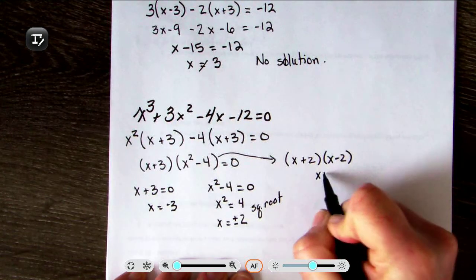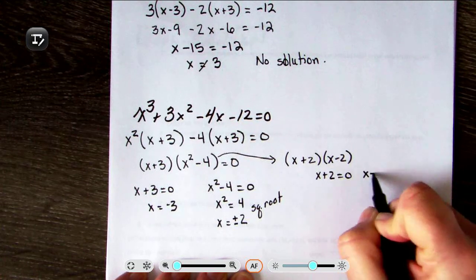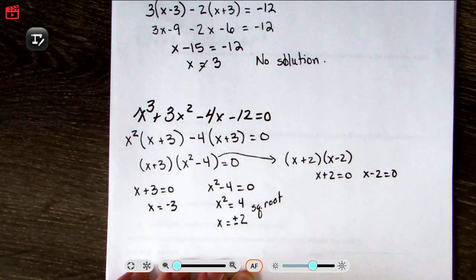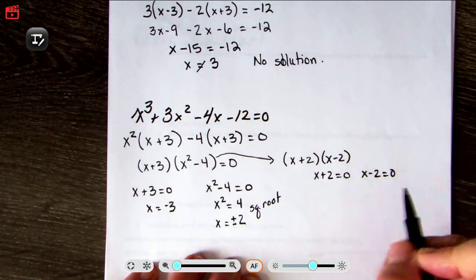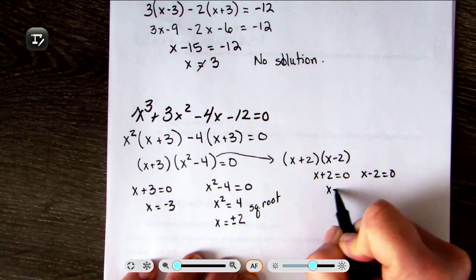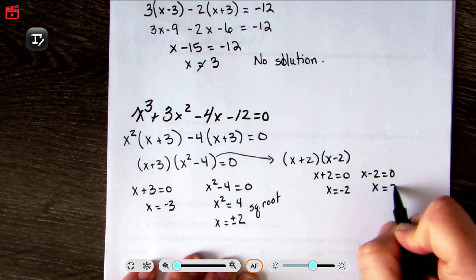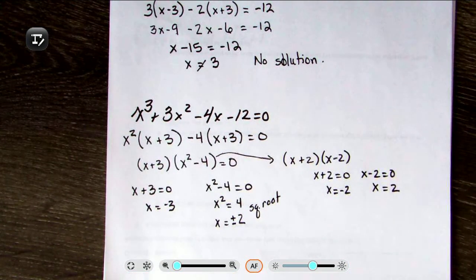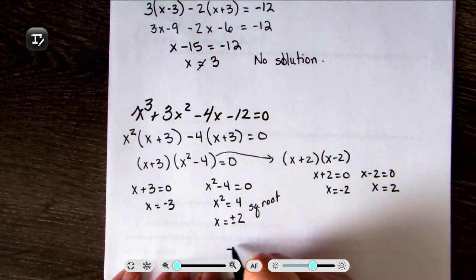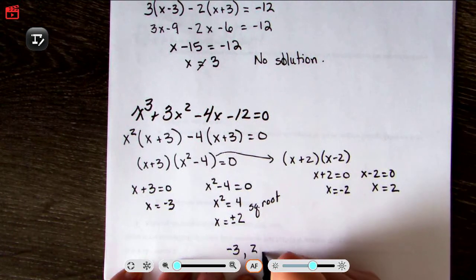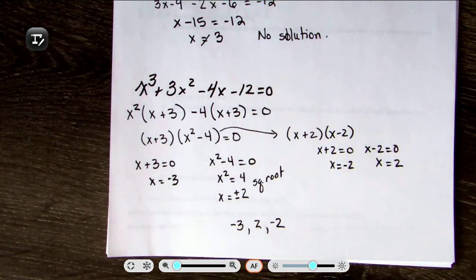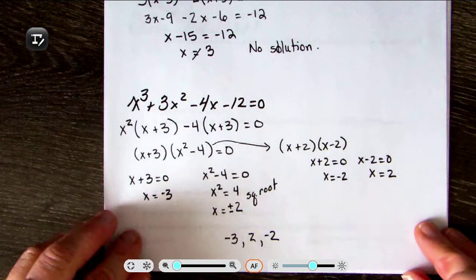And then setting each factor equal to 0: x plus 2 equal to 0, x minus 2 equal to 0, subtracting 2 here, x is a negative 2, adding 2 here, x is equal to a positive 2. So we do get 3 answers. We get negative 3, 2, and negative 2.